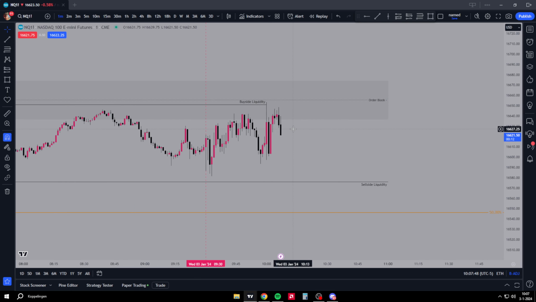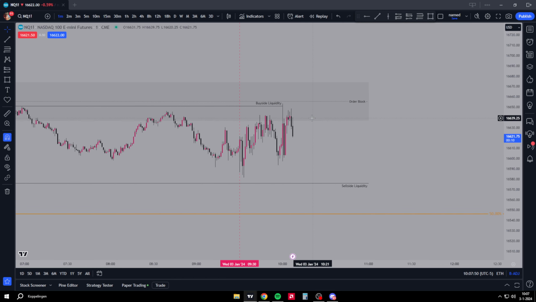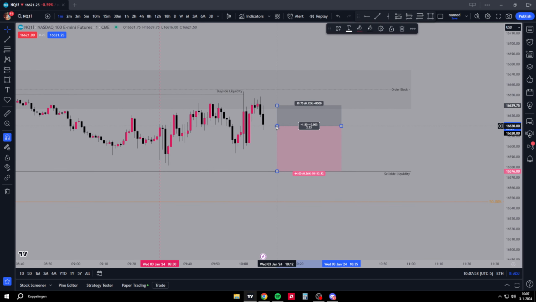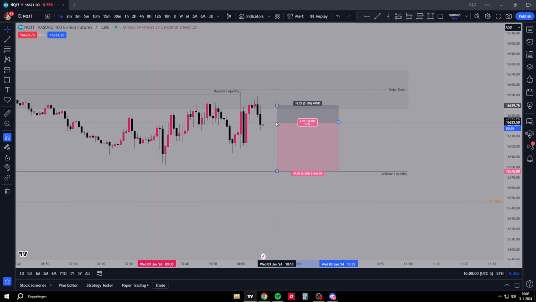Yeah, there's no setup here. Maybe if we create a Freddy gap, then I'll enter only for the Freddy gap and then take these lows out, but it's not really high probability. Let's go lower, yeah. Leave it. Yeah, nothing really. It's going to close this probably.